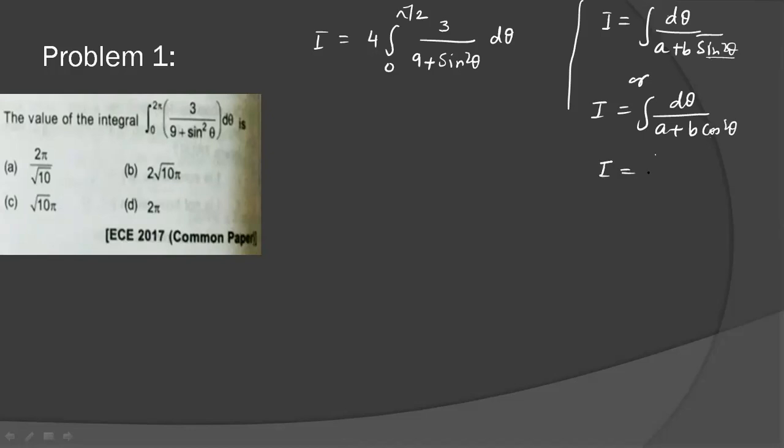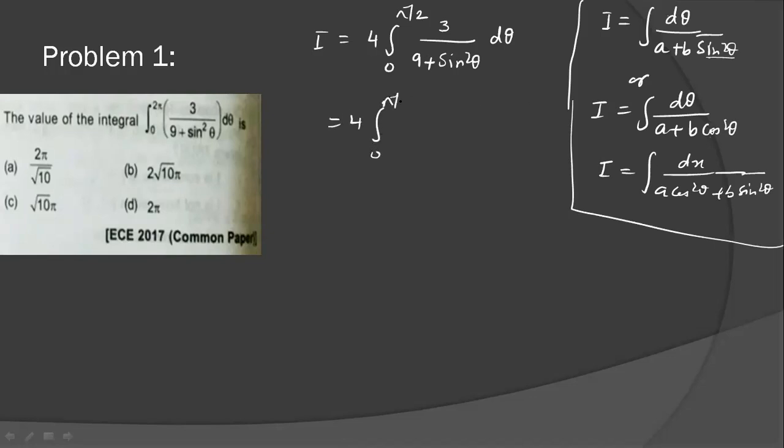If both are present, like a cos square theta plus b sin square theta, then we can directly take common cos square theta or sin square theta. So for making tan square theta, we will divide by cos square theta in numerator and denominator, or multiply with sec square theta. So it will be 9 sec square theta plus tan square theta d theta.